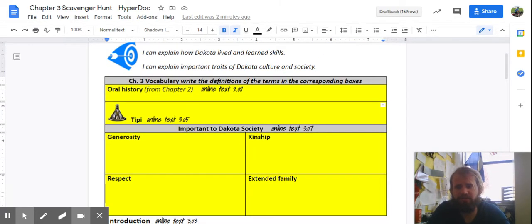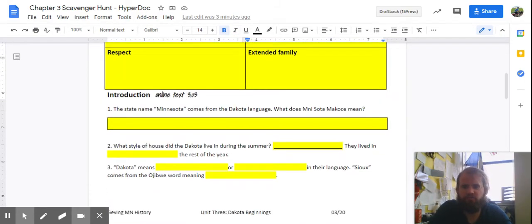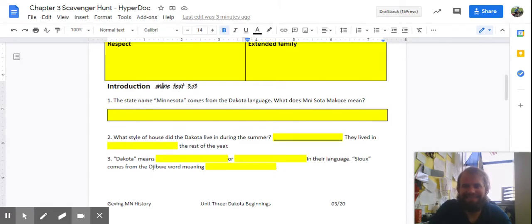The next thing that we're going to be doing is we're going to be defining these terms, the terms that are important, these traits and terms to the Dakota society, and we can see once again where those are located. As we go on through, we will find the description of what our Minnesota Makoche means and how the term Minnesota came from the Dakota language.